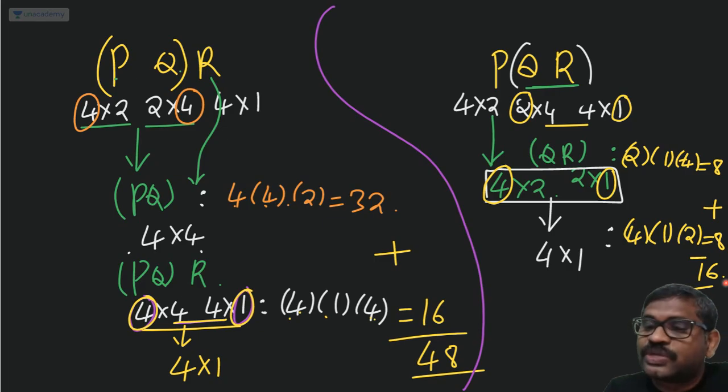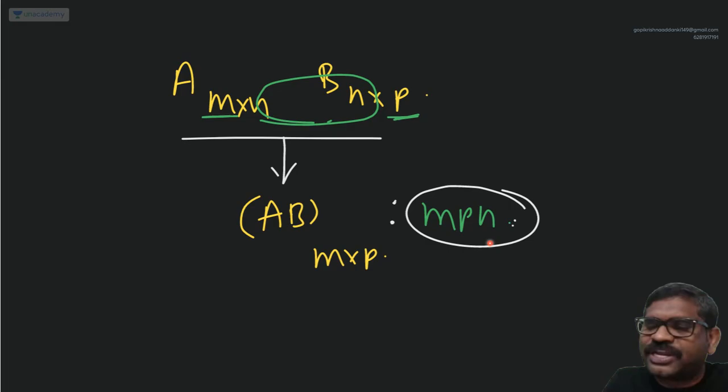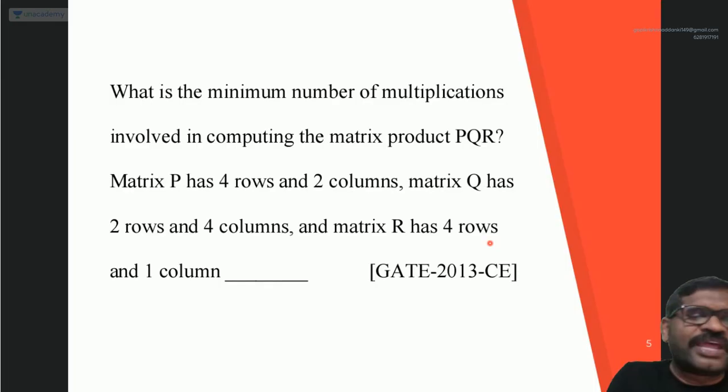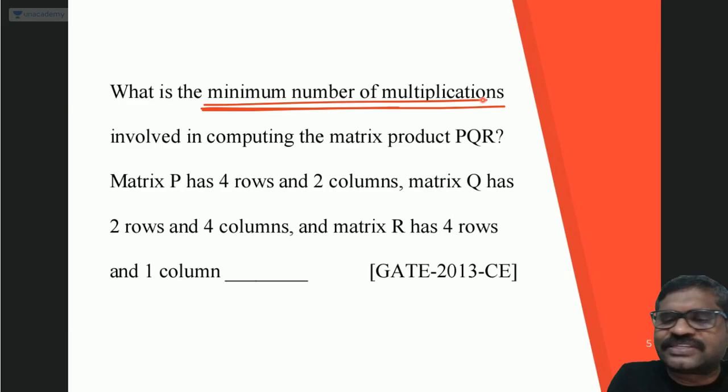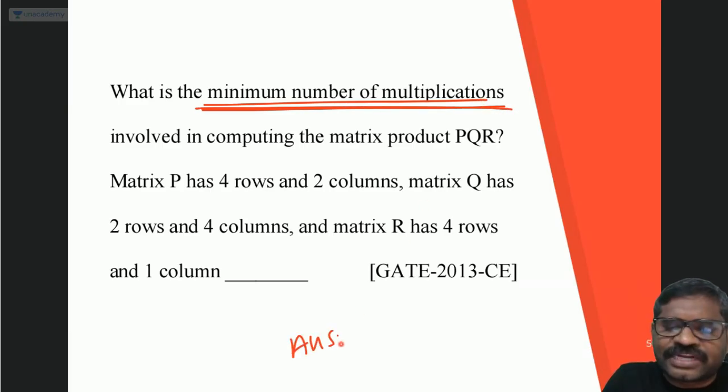So which one is correct? Shall I take 16 or 48? 16. Not both. You have to take 16. Sir, why is it so? In the problem they have asked for the minimum number of multiplications. Minimum number of multiplications. That's why the answer is 16.